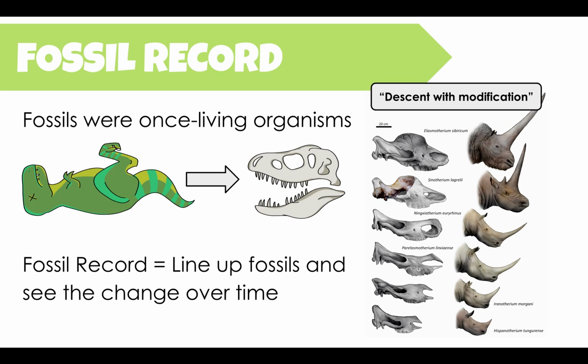We can see that as we go through time, the skull gets smaller, the horn on the top of the skull gets shorter and smaller, but there are similarities that make it look like you can see that change over time, that progression. And we can do this with lots of other organisms as well. So we can see kind of that ancient organism to modern day and how that change over time occurred.